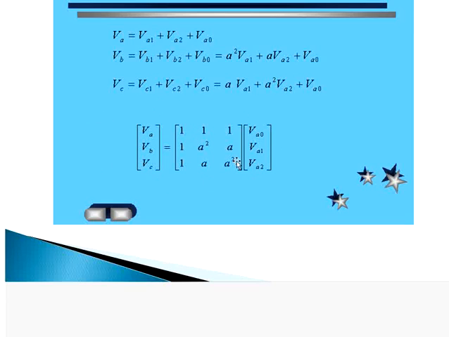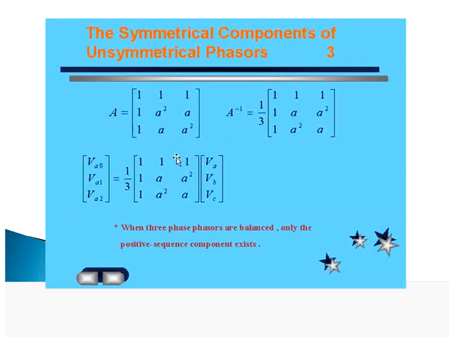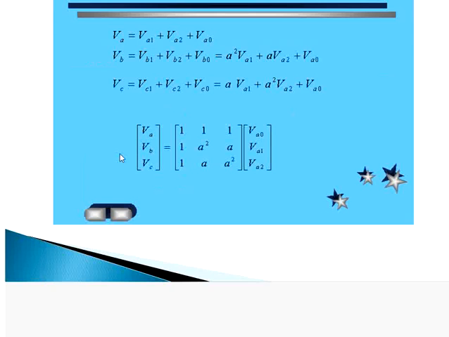So what will you get? Let us say A equals this matrix: 1 1 1, 1 A square A, 1 A A square.